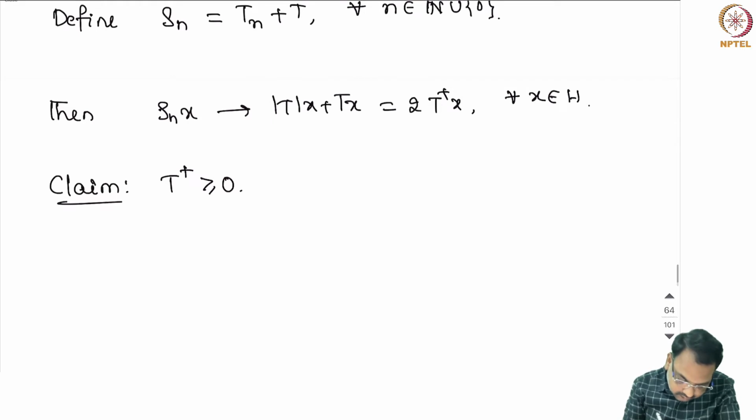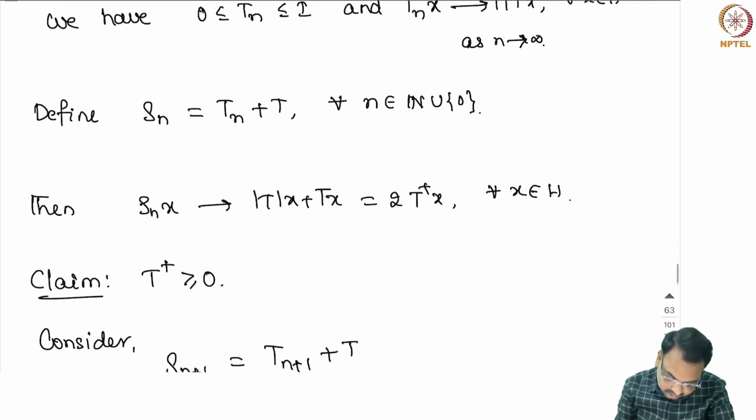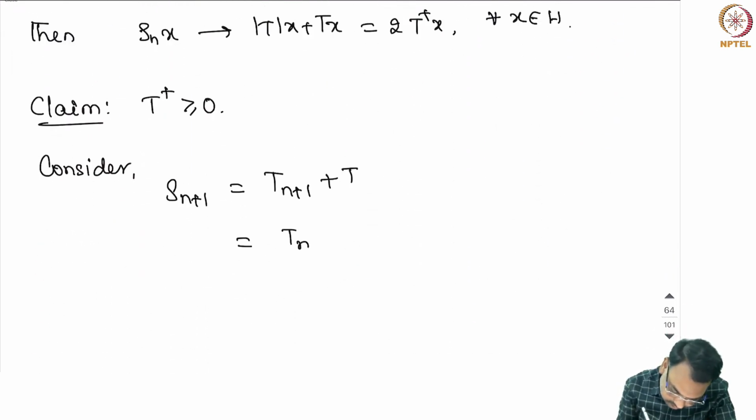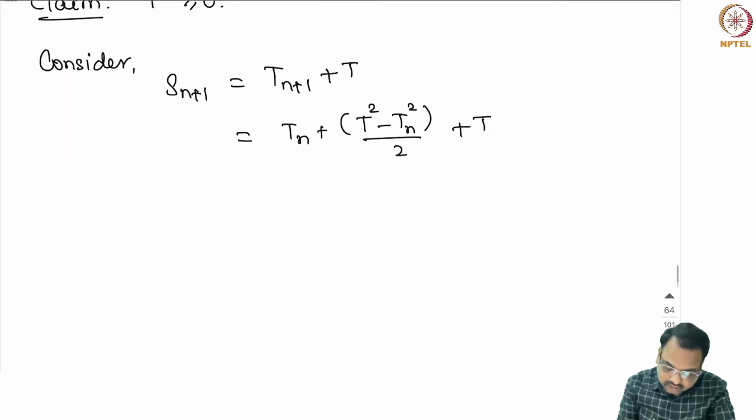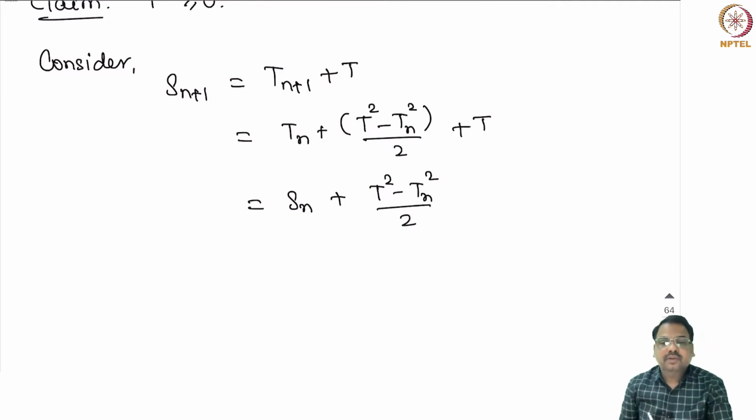Now if we look at Sn plus 1, that is nothing but Tn plus 1 plus T, but for Tn plus 1 we have a formula, that is Tn plus T square minus Tn square by 2, and this is plus T. Now Tn plus T is nothing but Sn, so this we can write as Sn plus T square minus Tn square by 2.